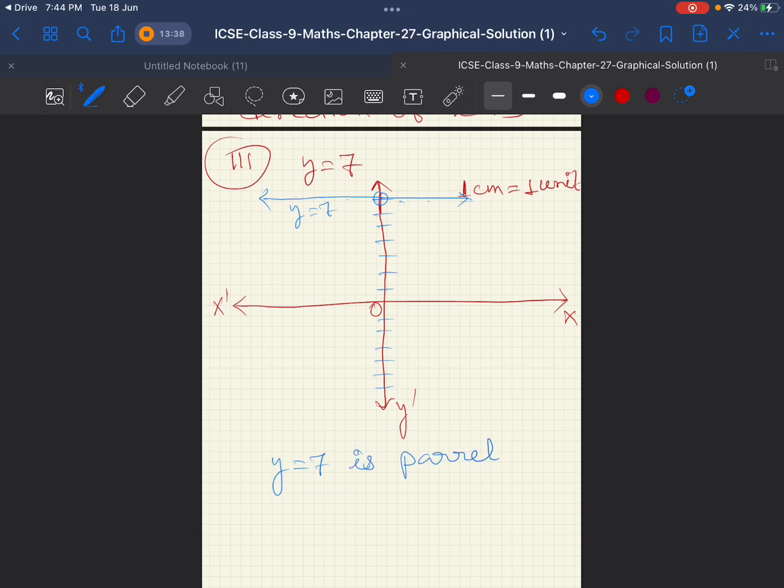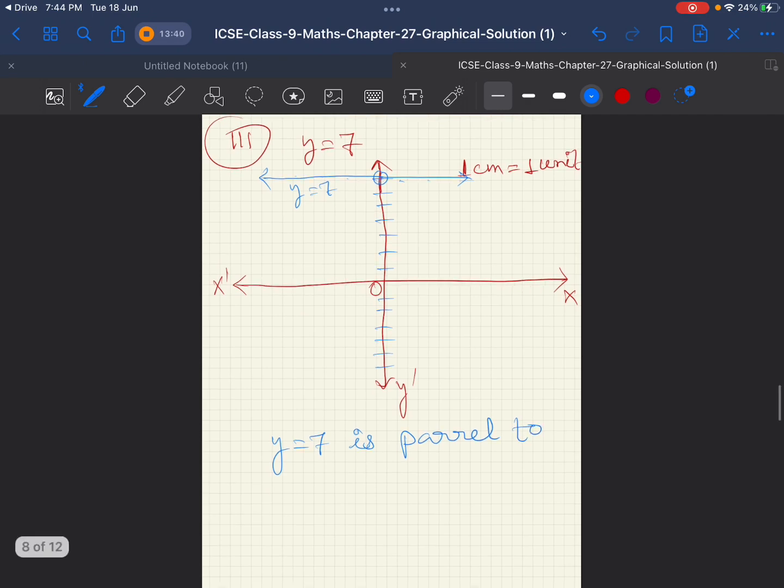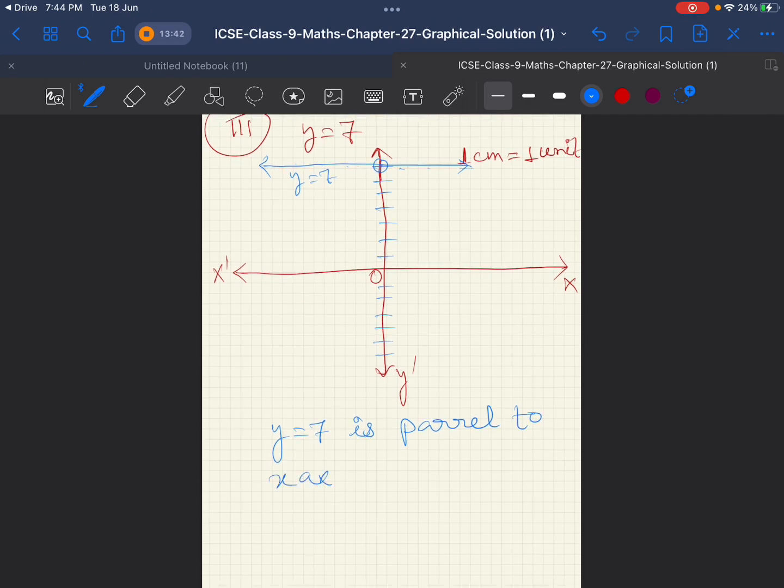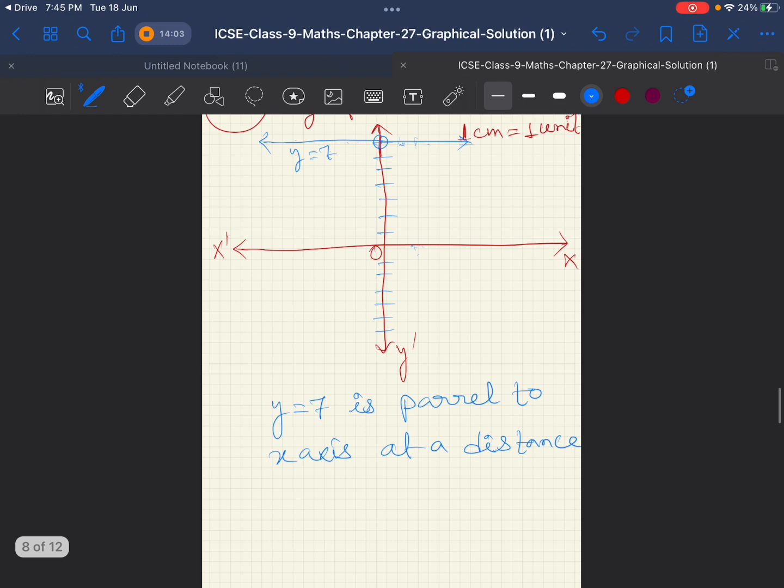So the line y equals to 7 is parallel to x axis at a distance. The distance from the x axis to this line is 7.